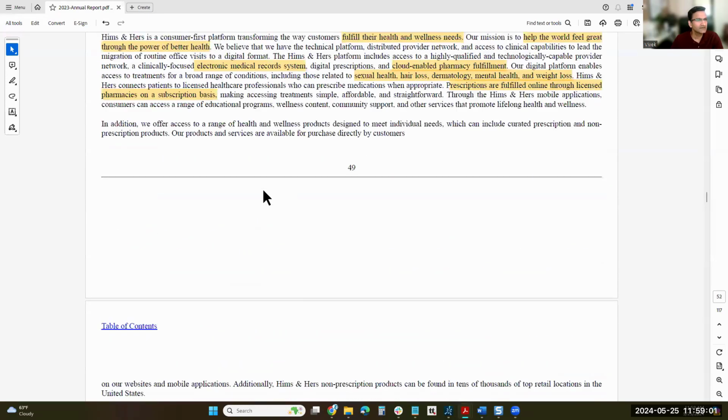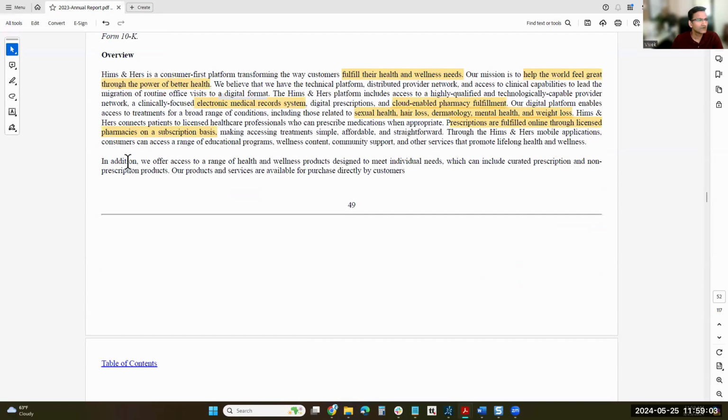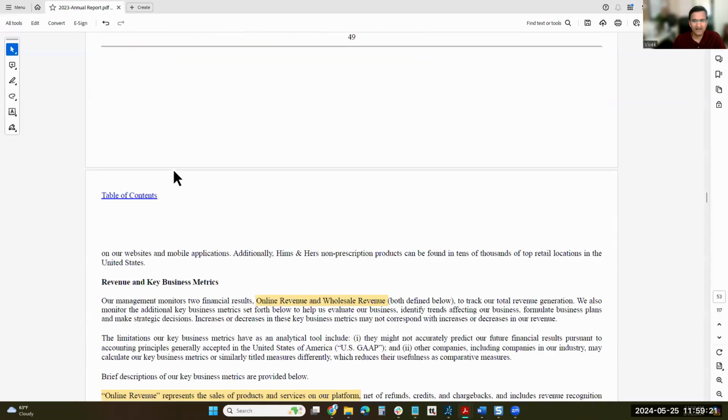Did I miss that? In addition, we offer access to health and wellness products designed to meet. Oh, okay, sorry, I missed that line. So that means they also have products that they sell to retailers.